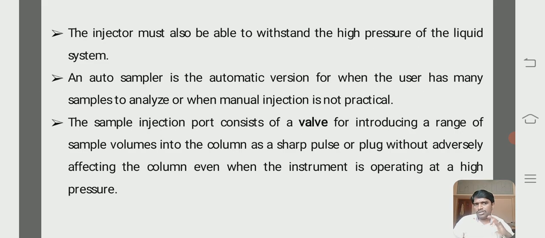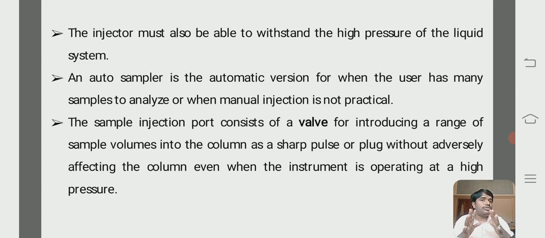The injector must also be able to withstand the high pressure of the liquid system. An autosampler is the automatic version, for when the user has many samples to analyze or when manual injection is not practical.